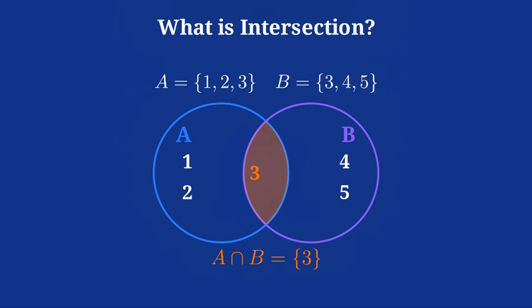The only element in that space is 3. Therefore, we write A intersects B is the set containing just the number 3.